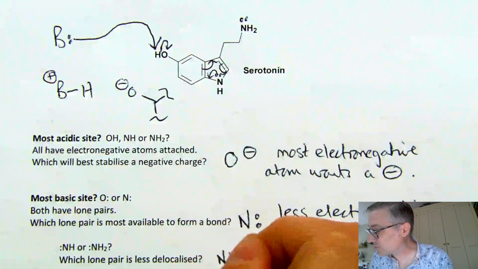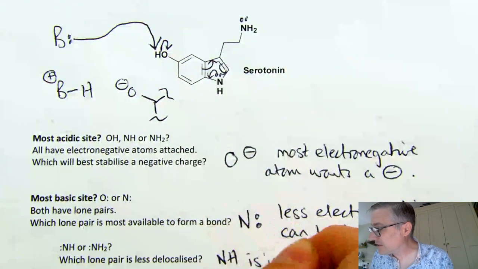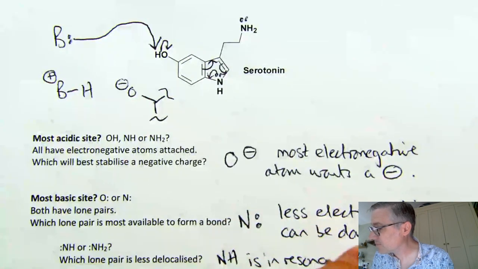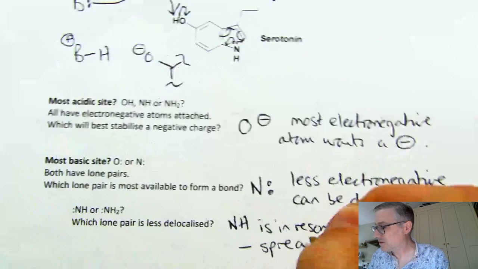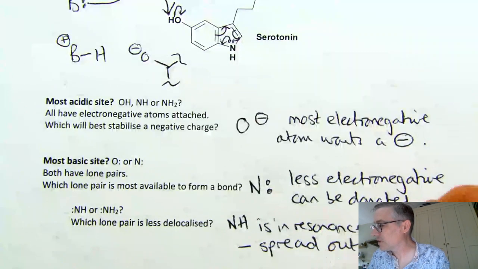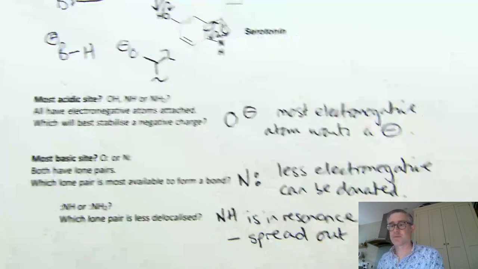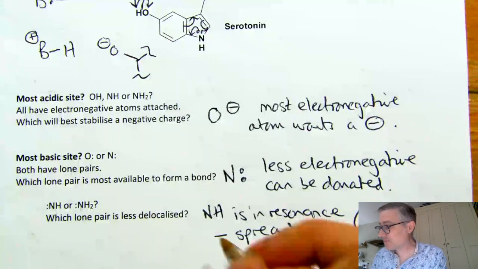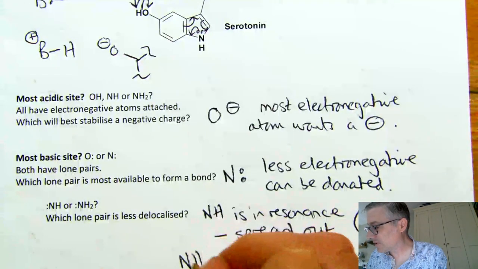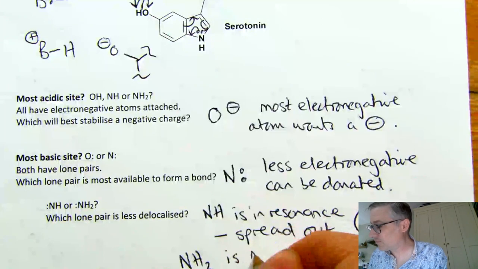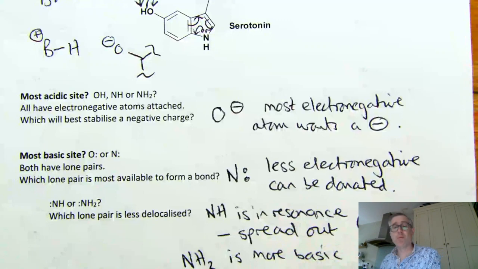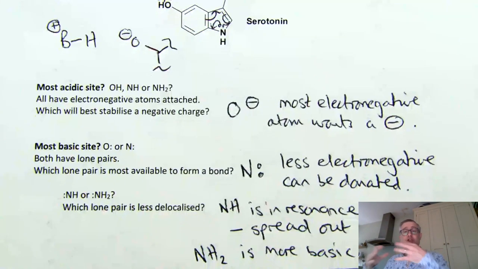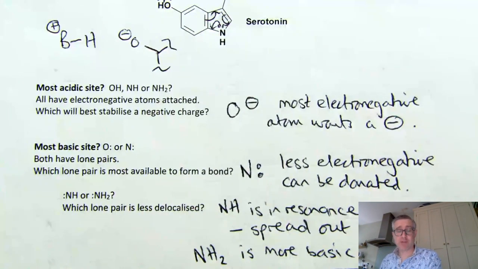So the NH is in resonance, so it's spread out, and that makes it less basic. So in this case, the NH2 is more basic because it's not being shared by resonance.